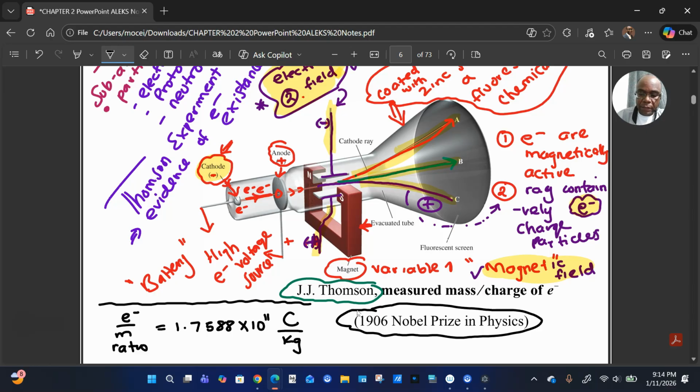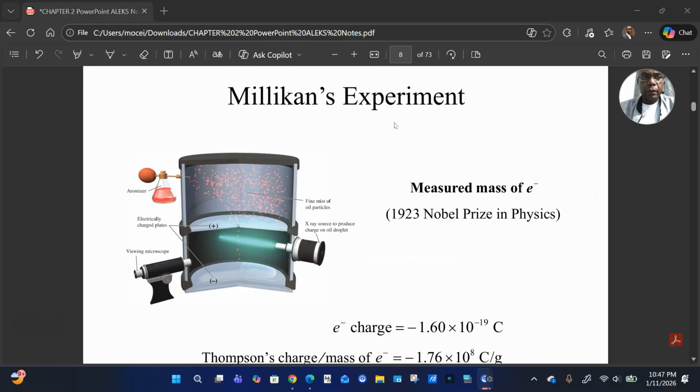Now, he did not tell us the charge of an electron. He did not tell us the mass of an electron. The oil drop Millikan's experiment did, which we'll discuss next. By the way, this experiment was done in vacuum conditions in the cathode ray tube.